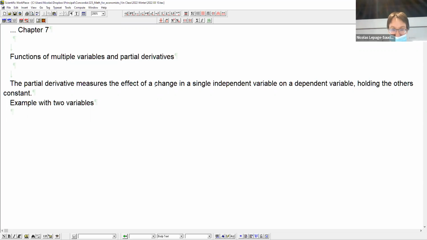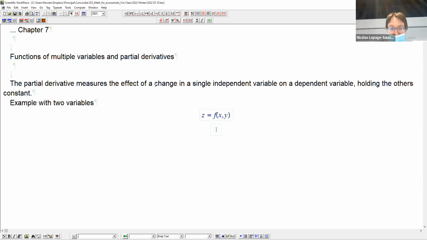So z is a function of x and y. x and y are two independent variables, F is my function and z is the dependent variable. So how do I write them? I already showed you the notation, but let's rewrite it again.